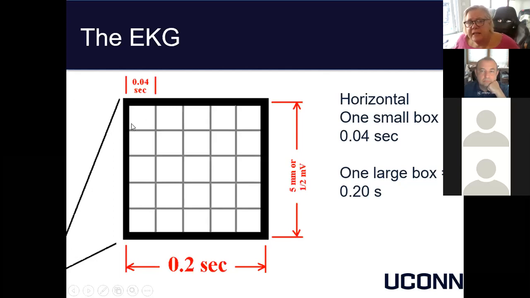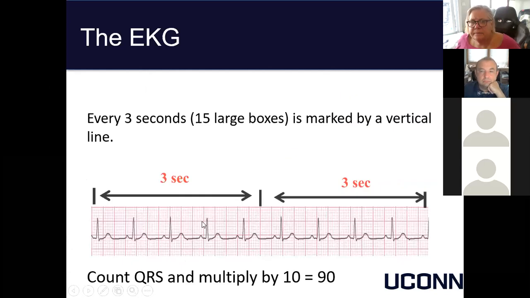Understanding what these boxes mean on EKG paper is really important, and helps you measure the timing of the different waves through the EKG. So again, little box, 0.04, big box, which includes 5 little boxes, 0.2 seconds.